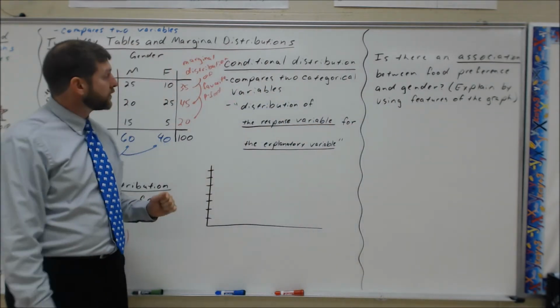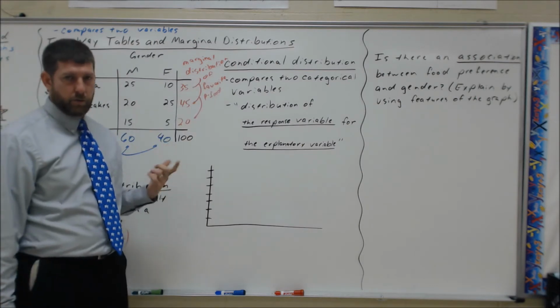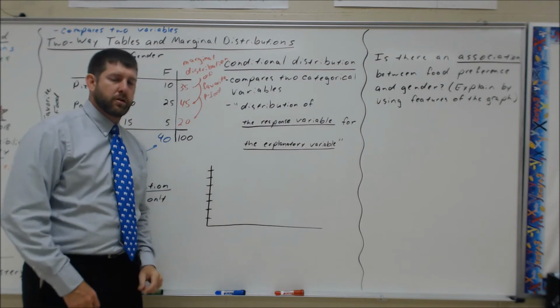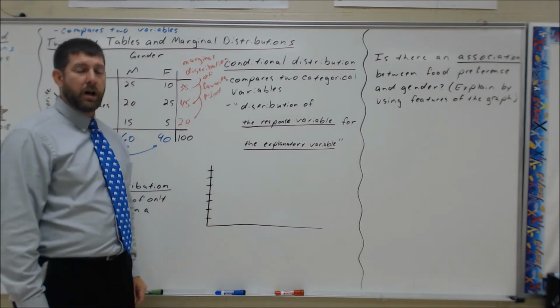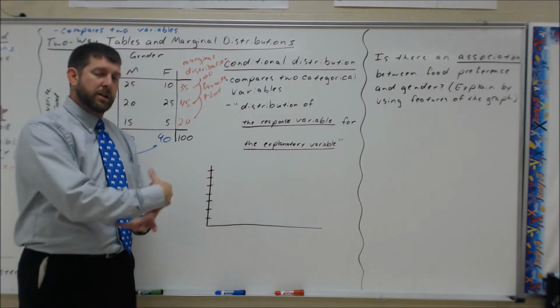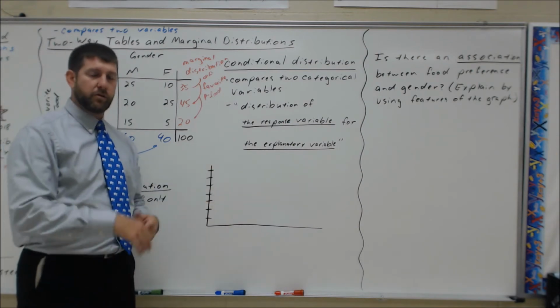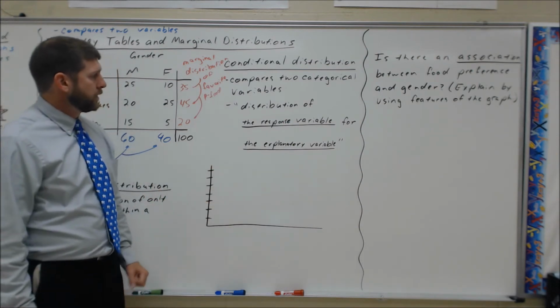And that's what conditional distribution does. It compares two categorical variables to each other. So I don't care just what was going on with gender, or just with favorite P food. I want to know, how did the gender relate to the favorite P food? How many of the males wanted pizza? How many of the females wanted pasta, and so on.